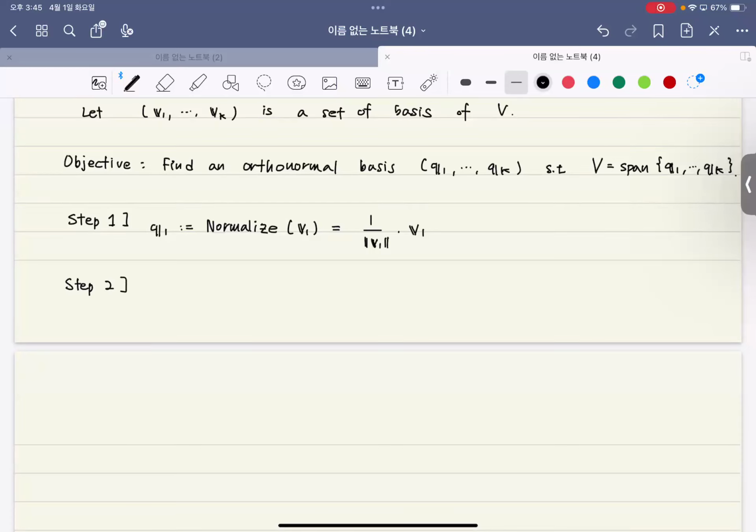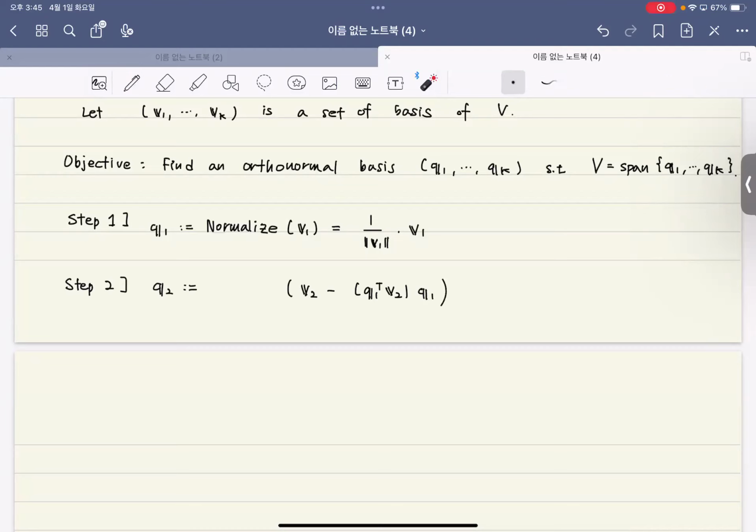Now step 2. Now I want to have Q2. Q2 is given like this: V2 minus the inner product of Q1 and V2, multiplied by Q1.